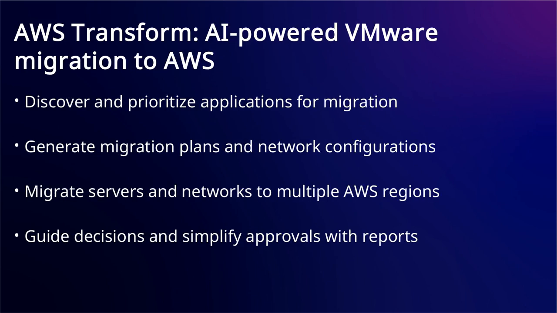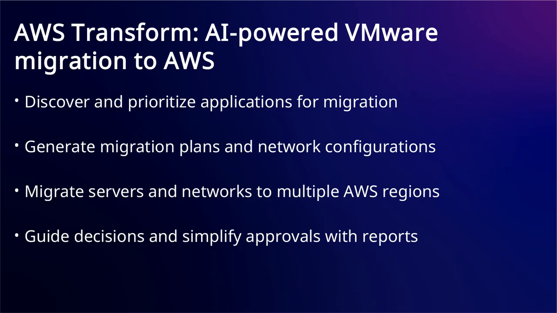Migrating VMware environments to AWS can be complex and time-consuming. AWS Transform now offers AI-powered capabilities to streamline this process. You can discover and prioritize applications using various data sources, including third-party tools and unstructured data. The service generates comprehensive migration plans and network configurations based on business and technical priorities.